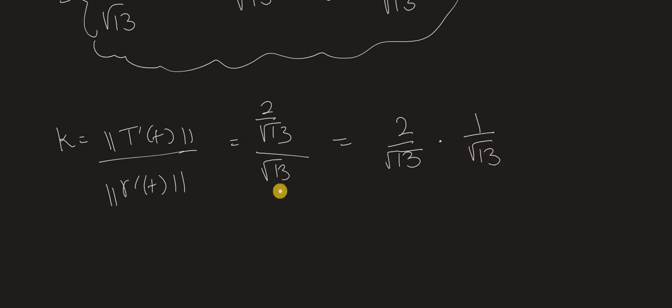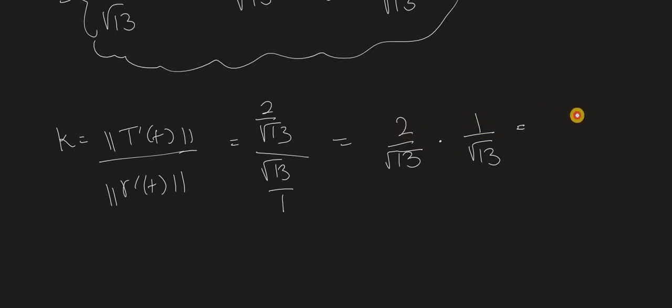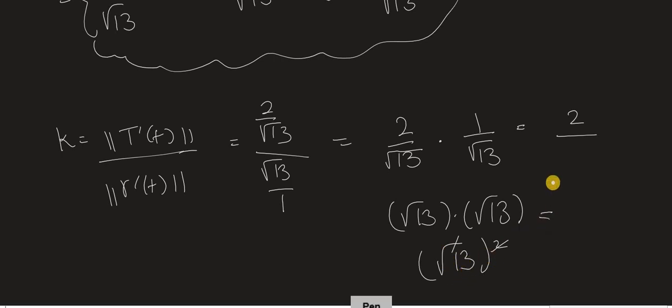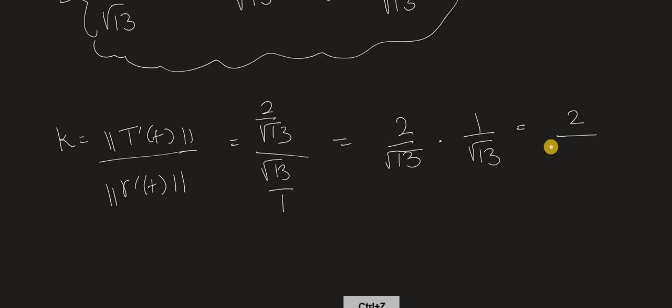So that's what I did. It was square root of 13 over 1, so I'm going to multiply by 1 over square root of 13. Now if you see, this is 2 times 1, which is just 2, and this is square root of 13 times square root of 13, which is square root of 13 squared, and the square and square root cancel out, leaving us with 13 only. So 2 over 13. This is the answer for kappa, 2 over 13.